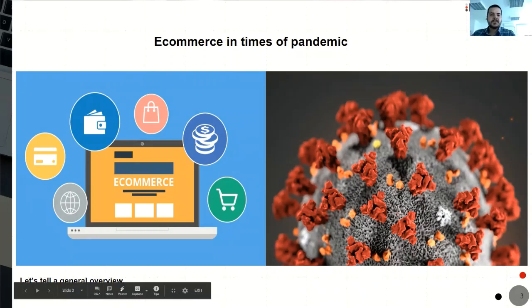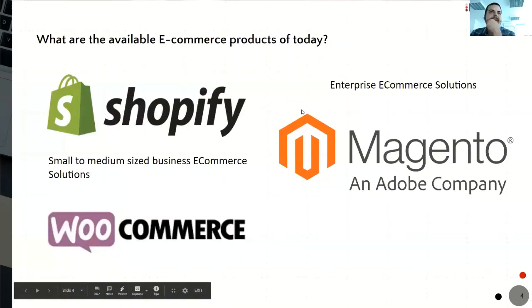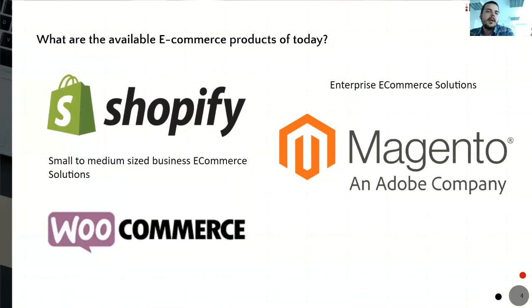Okay, so basically I'll tell you about the available e-commerce products of today. Basically what I want to round up about this couple of slides is that when you go into e-commerce and you try to develop e-commerce, or you're a merchant yourself, you need to research and find the best solution for you. I'm going to list a couple of those today.